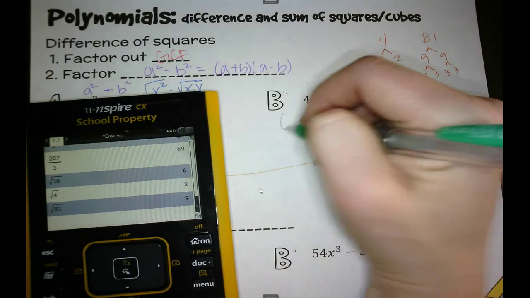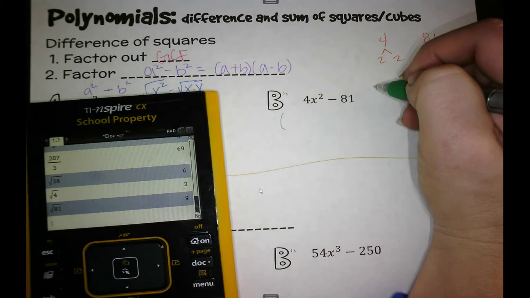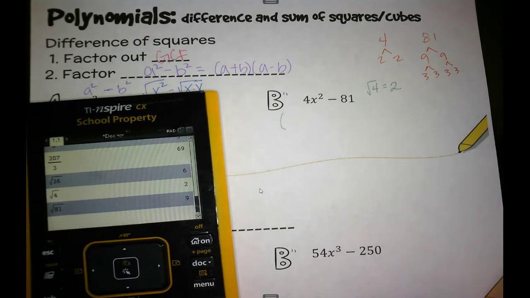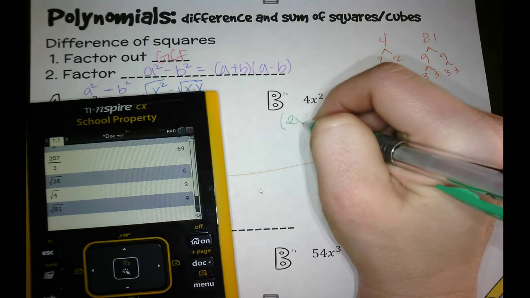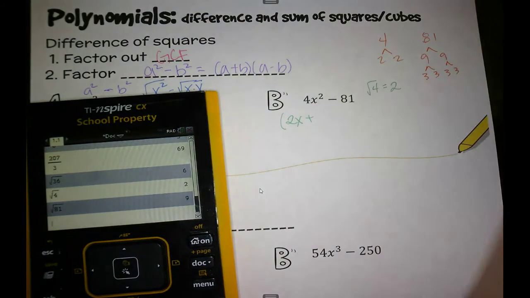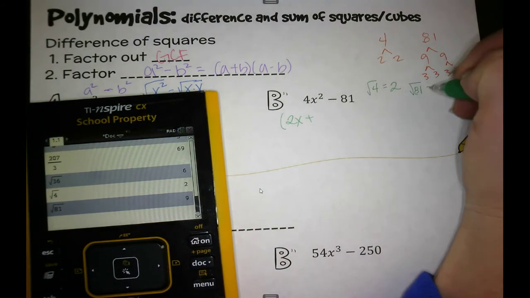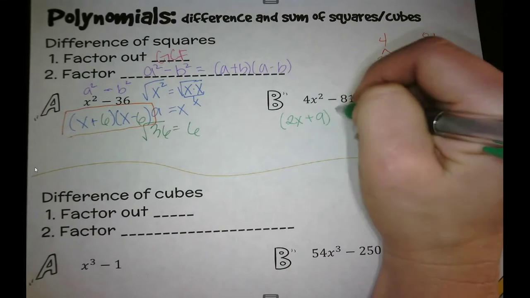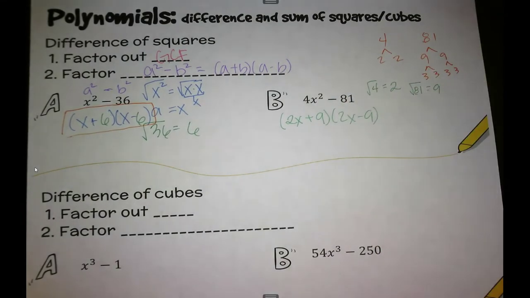So the square root of 4 is 2, and that goes in front of my a, which is my x squared. And the square root of 81 is 9. So it's going to be 2x plus 9, 2x minus 9.